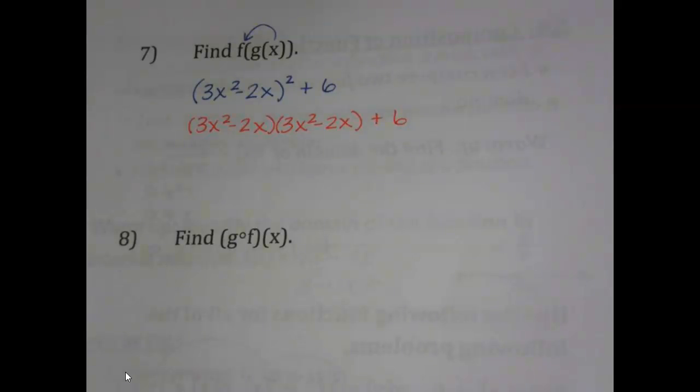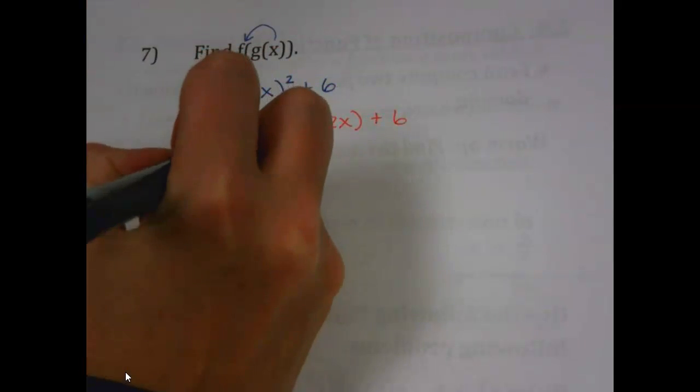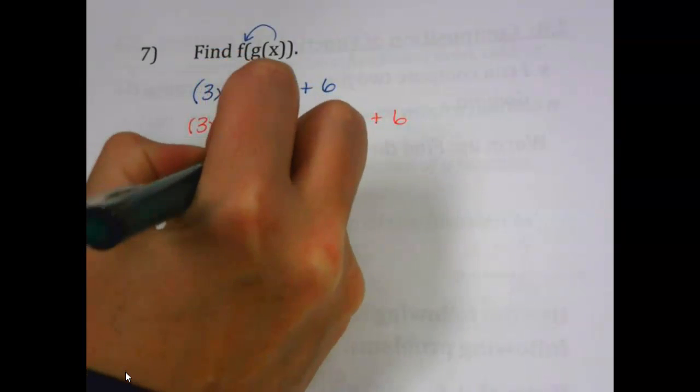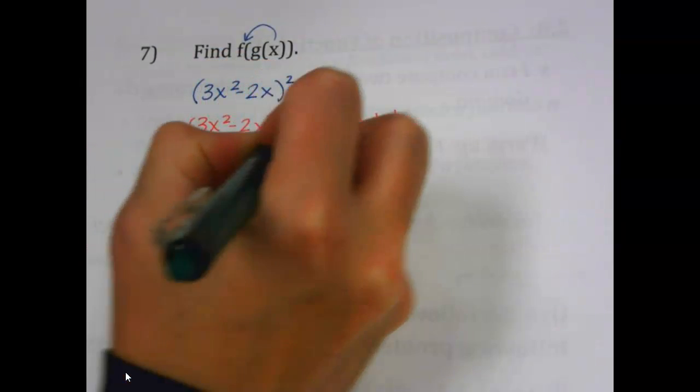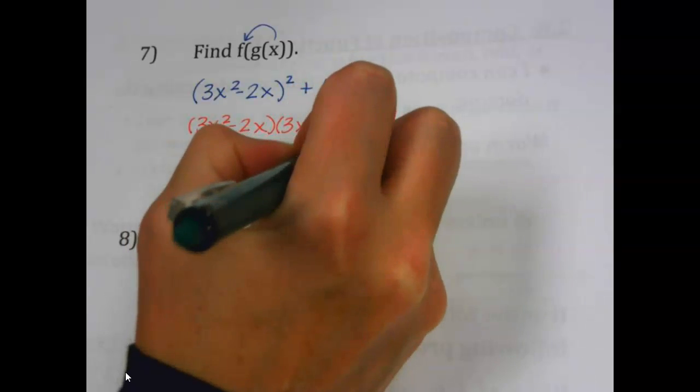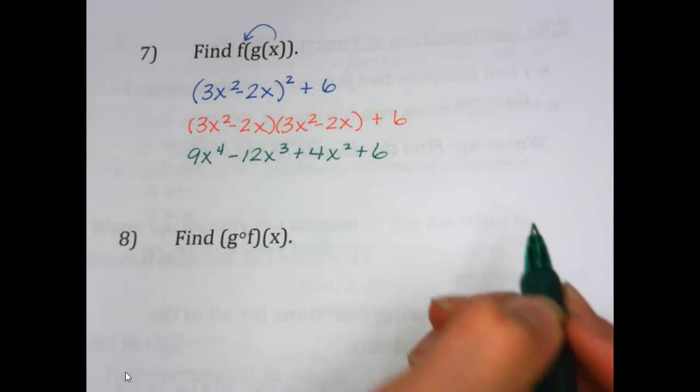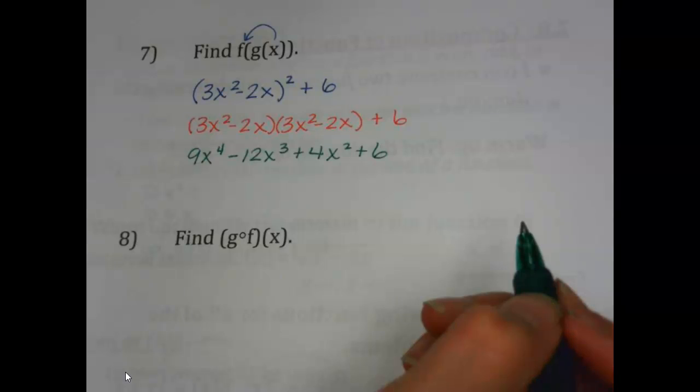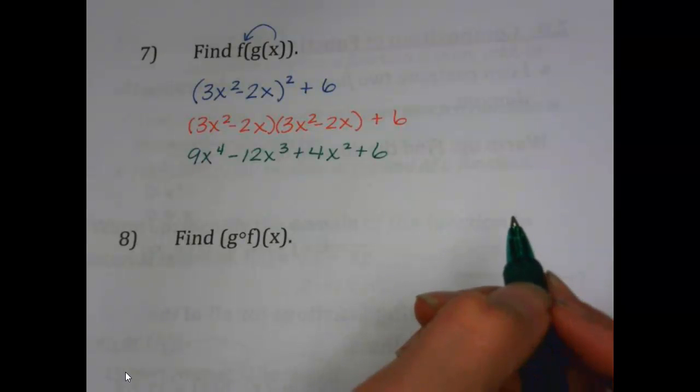We're going to multiply all that out. Get 9x to the 4th minus 12x cubed plus 4x squared plus 6. None of those are like terms to combine together.